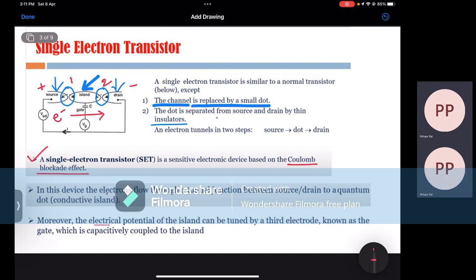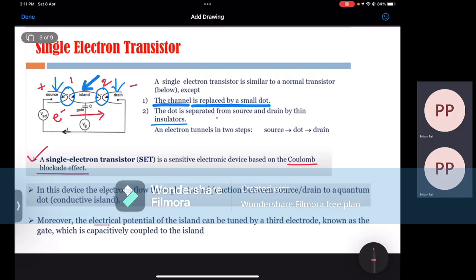Moreover, now the electric potential of this island. There is an electric potential barrier. There must be, which avoids the movement of the carrier from the source to the island, and from the island to the drain. In a conventional transistor, there is a barrier in that structure, and that barrier is modified with the help of gate voltage, right?